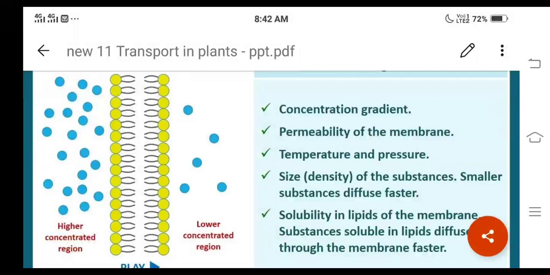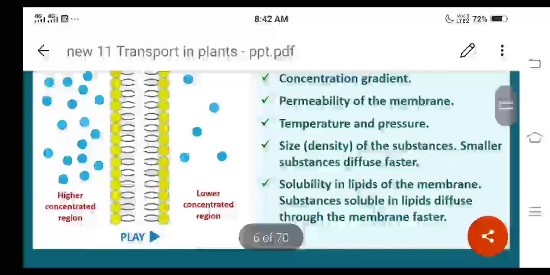Next is the solubility in lipids of the membrane. This is the fifth important factor.